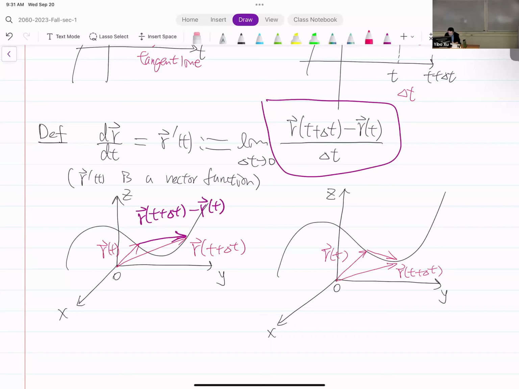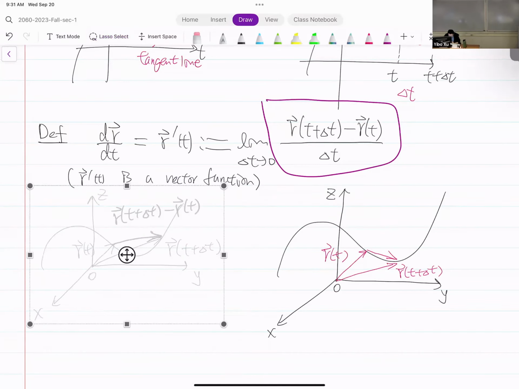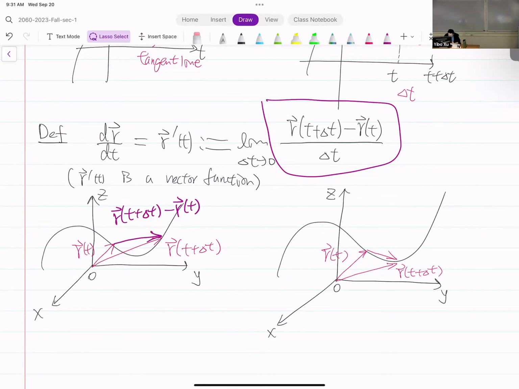But now, like we said, when we push delta t to 0, what does that mean? That means this point is going to get closer and closer to this original point, and so the direction of the secant line will get you the direction of the tangent line.